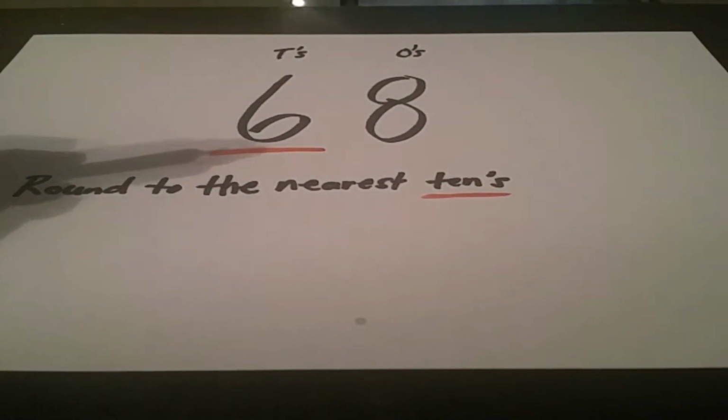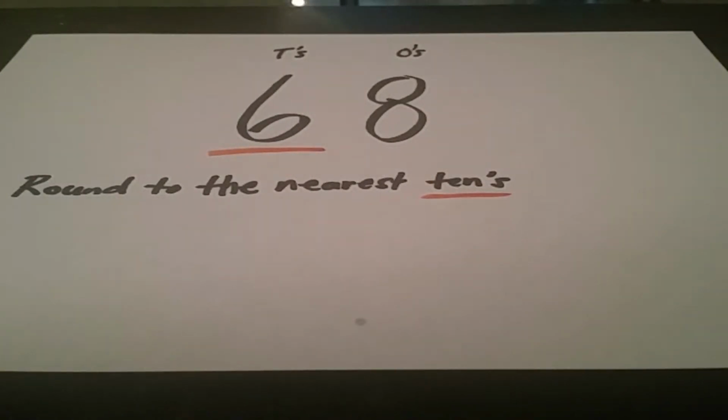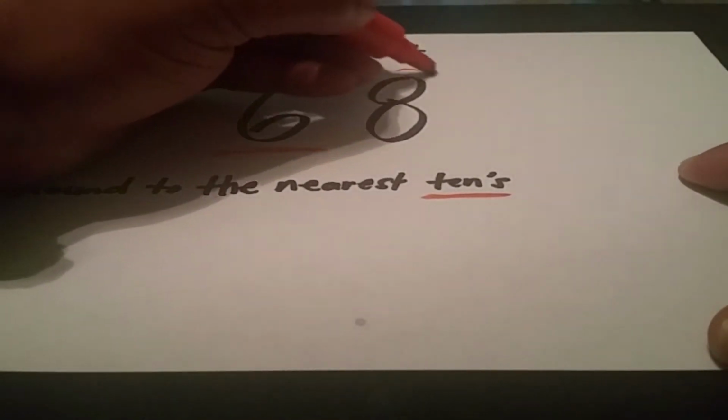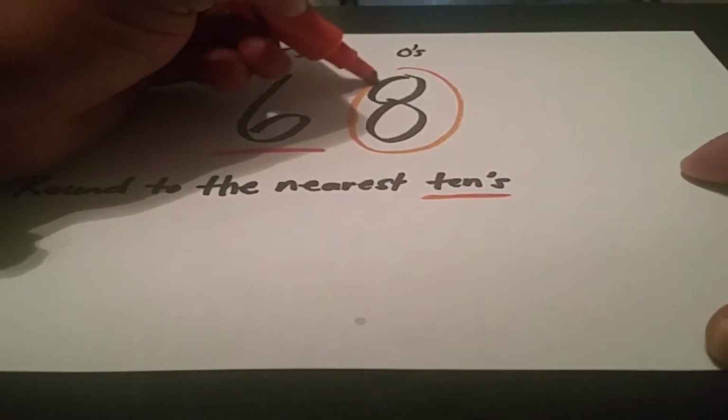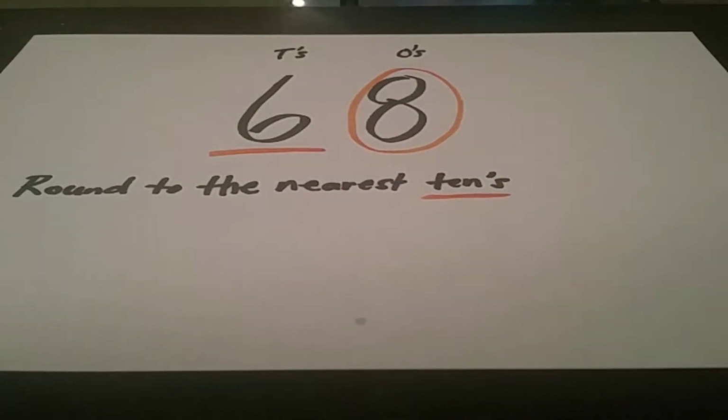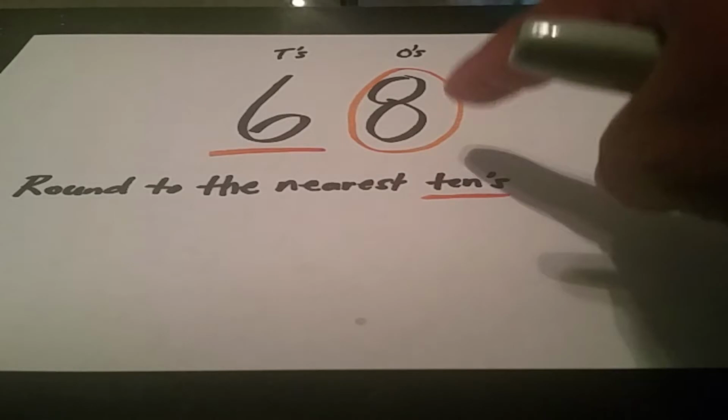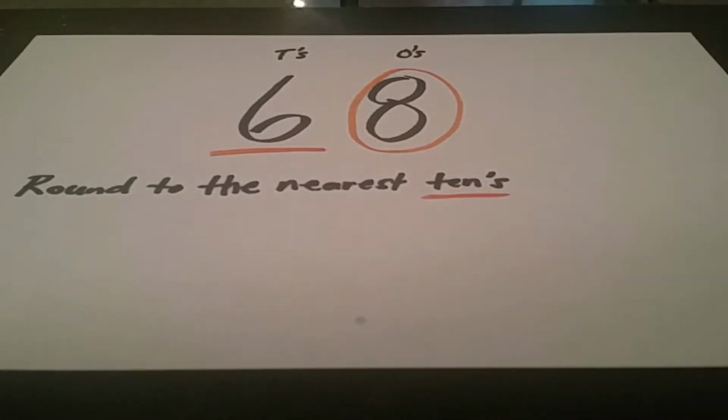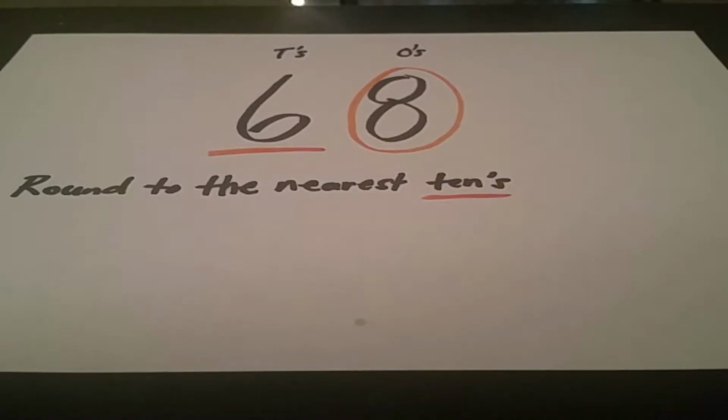Now this is the number that's either going to stay the same or we're going to add 1 to it. Once I do that, I'm going to circle his neighbor. The neighbor is the number that's beside it, that's behind it. That is his neighbor. And we use our rounding rules now.